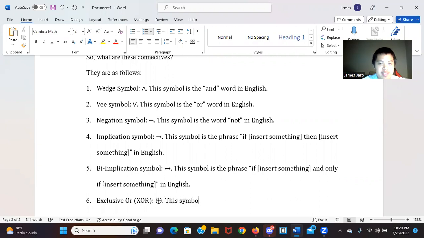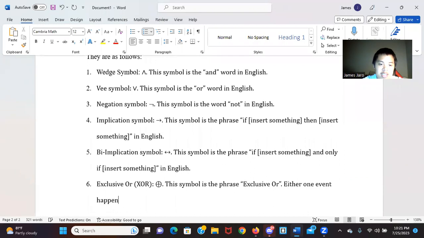This symbol is just the phrase "exclusive or," meaning, and this one's a really funky one, either one event happens or the other, but not both.